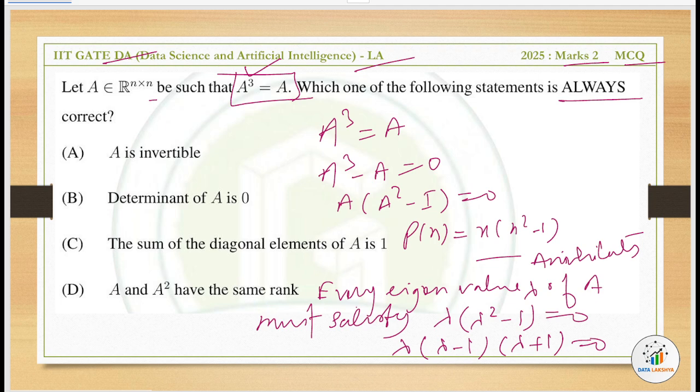So from here we get lambda equal to 0, minus 1 and 1, or we can say lambda belongs to minus 1, 0 and 1, right?